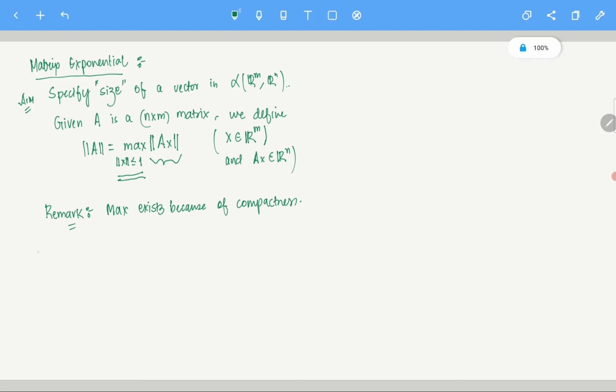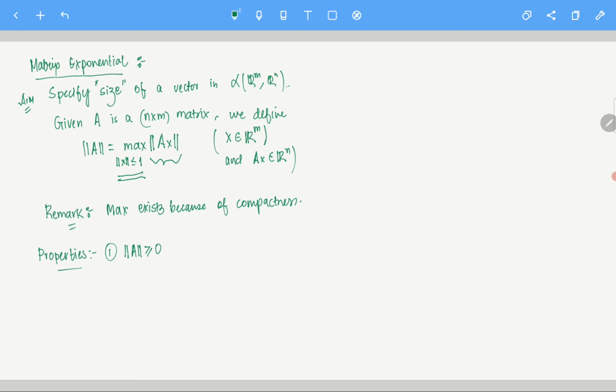Now let's look at some properties. What are the properties? Number one, norm of A is always non-negative. Of course it is. Why? I want you guys to prove these properties, okay? I am not going to do this for you. You guys have to do it yourself. The point is all of these properties are actually inherited from the properties of the norm in Rn.